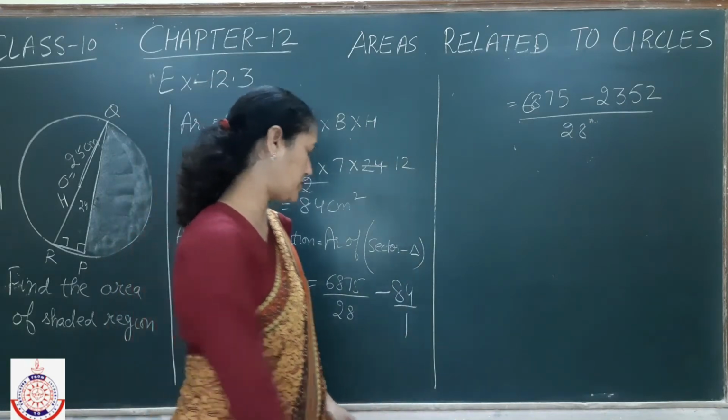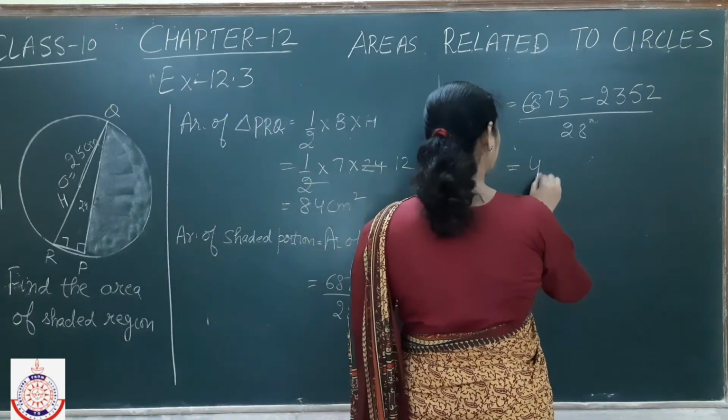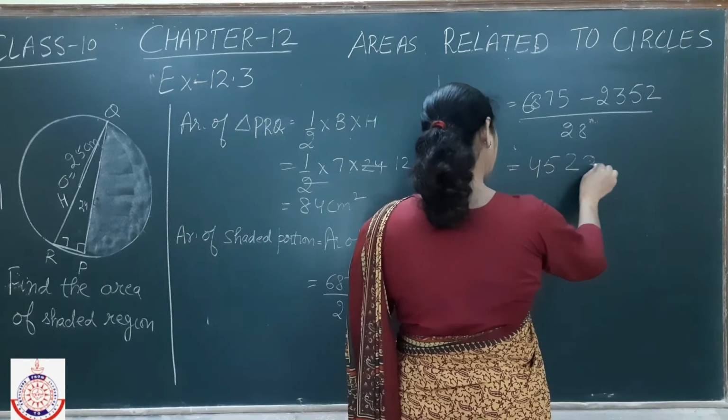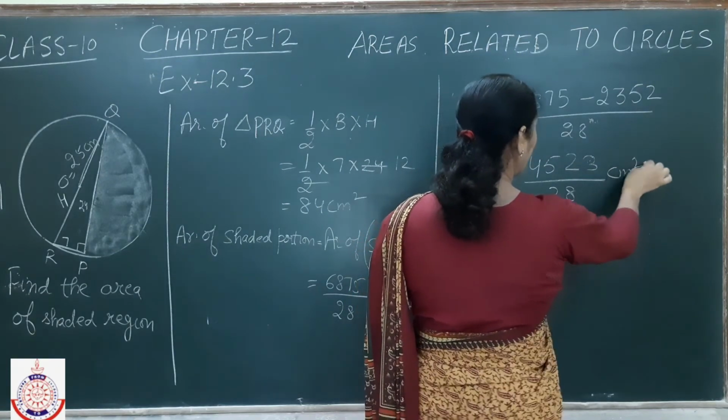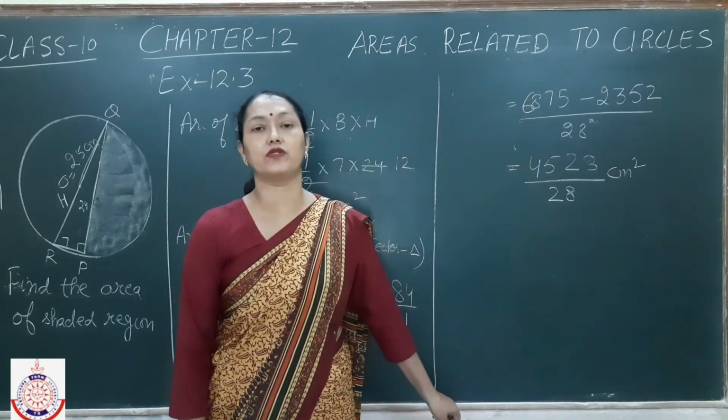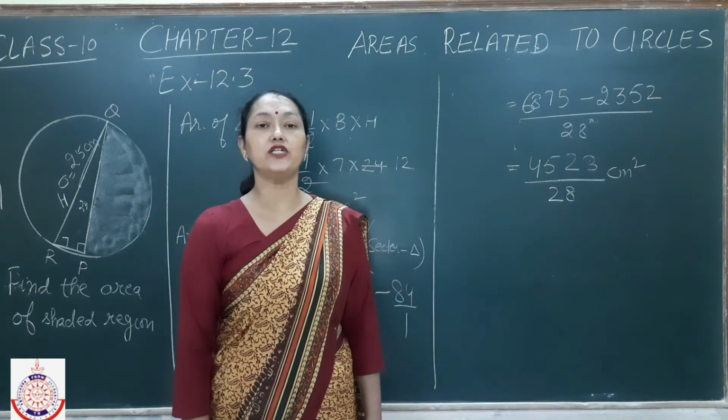So after subtraction we will get 4523 upon 28 centimeters square as the area of the shaded region.